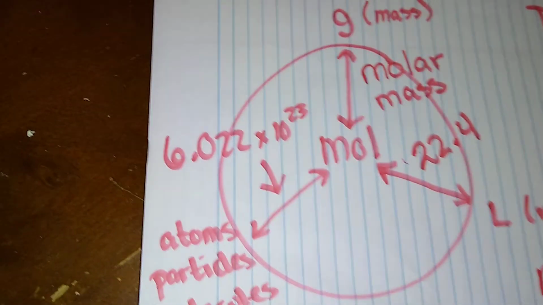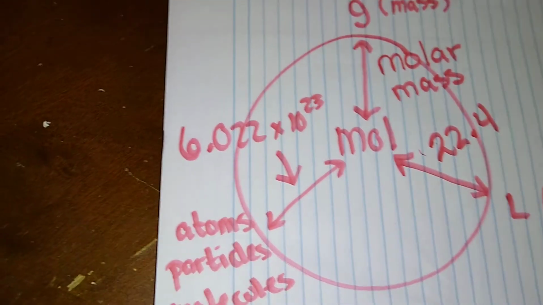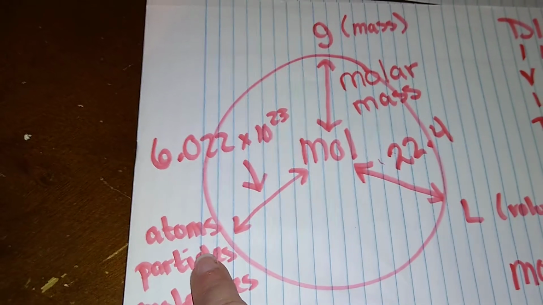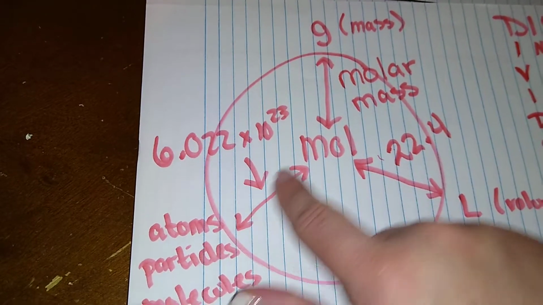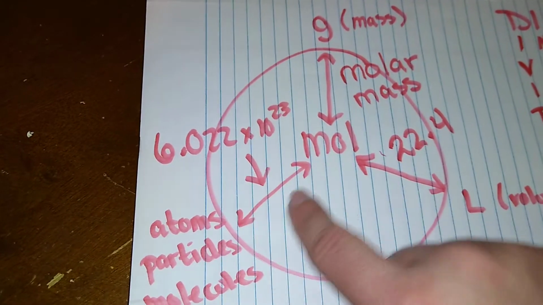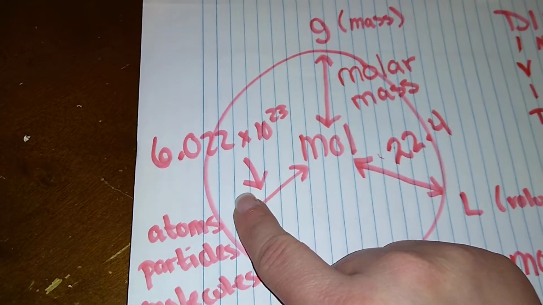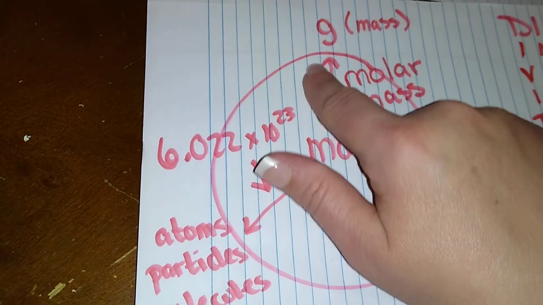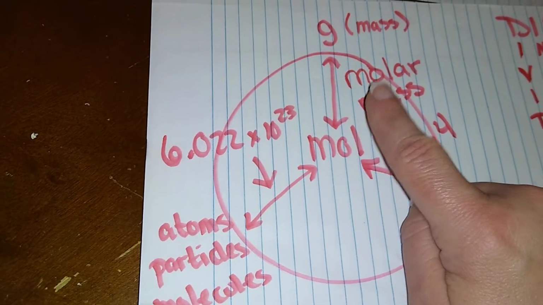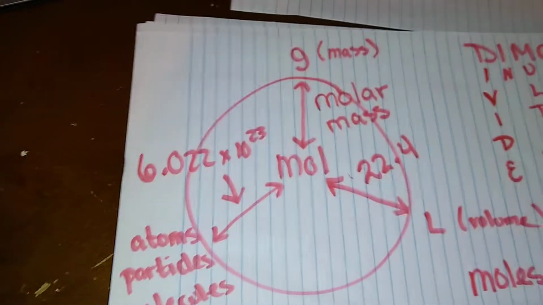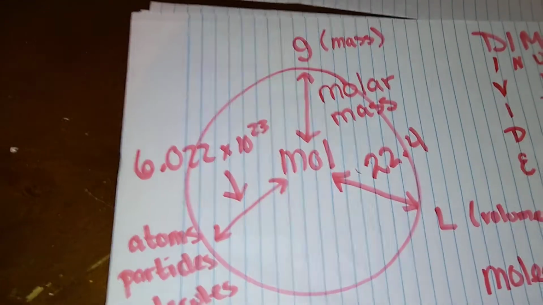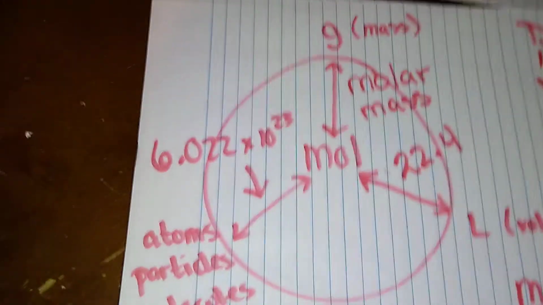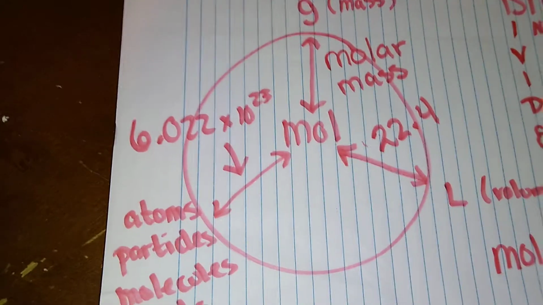Moving from atoms to moles, you divide by the number that you hit first. Then you move to grams, and you multiply by the number that you have there. That's fairly simple, and it doesn't involve dimensional analysis.